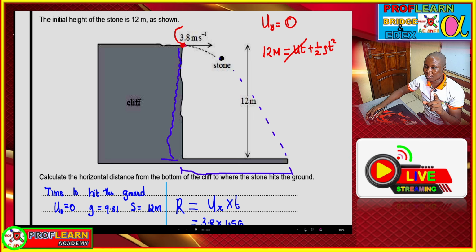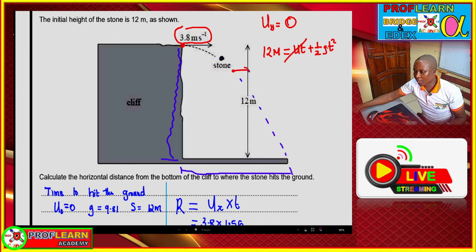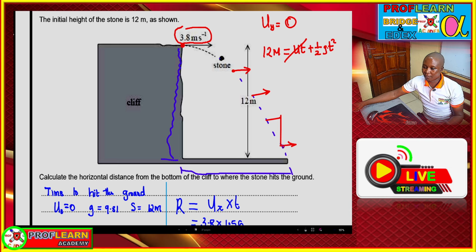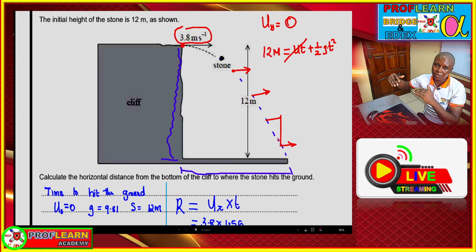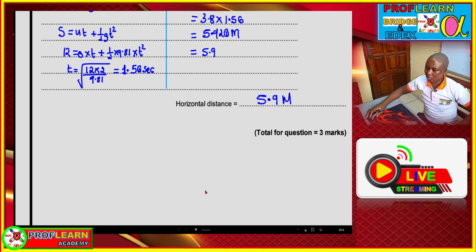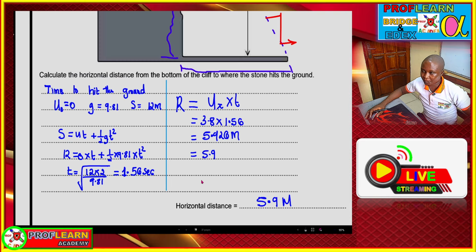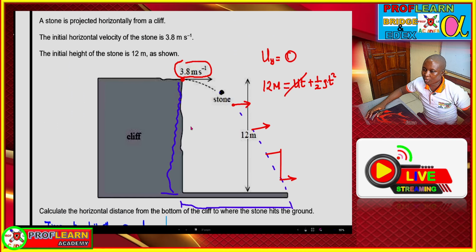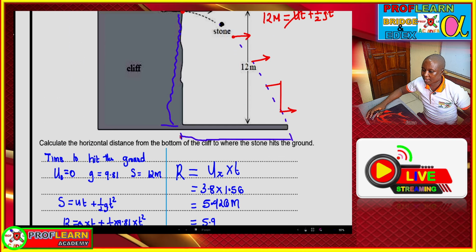This speed will not be changing in the horizontal direction, while the speed will be increasing vertically downward, but the horizontal speed will remain constant. So the range is equal to u in the x direction, which was 38, times 1.56, the time that we have gotten here, which translates to 5.9 meters. So the time to cover this height is the same time taken for it to move in the horizontal direction.